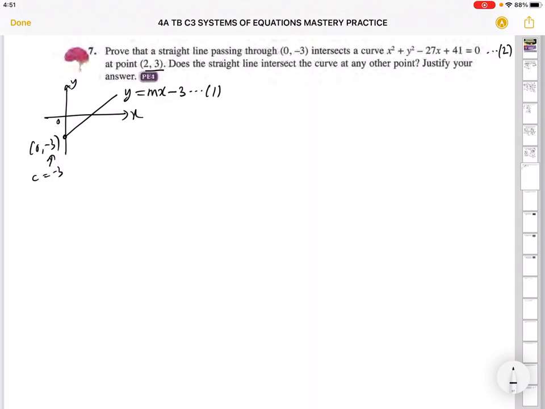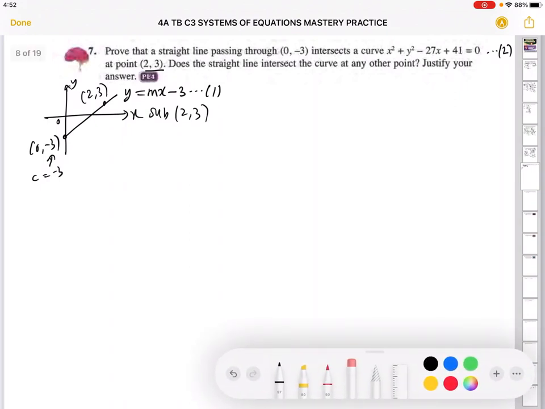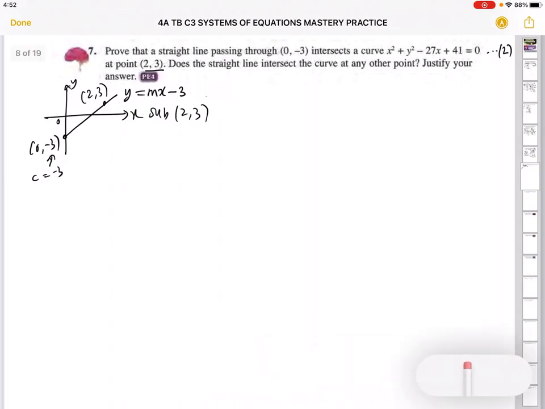We know it passes through 2, 3, so we can sub 2, 3 inside. Your y is now 3, your m is an unknown, x is 2. So 2m is 6, m is 3. So my straight line is supposed to be y equals 3x minus 3.